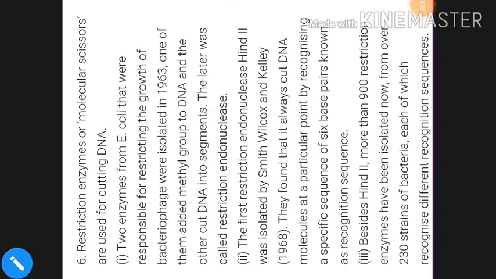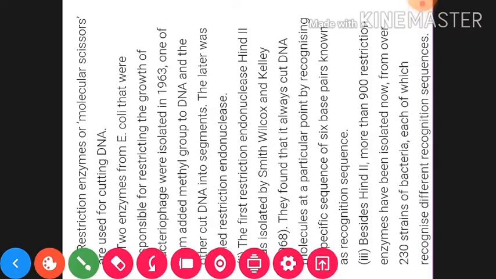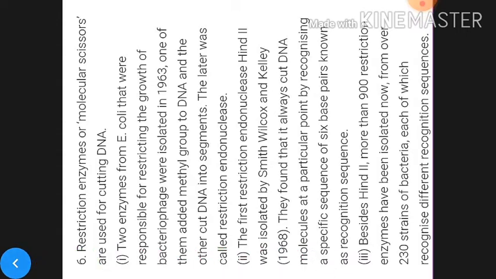Now in this video we are going to study the next topic, the molecular scissor. What are molecular scissors? These are restriction enzymes. So what are restriction enzymes? You studied them in yesterday's video.